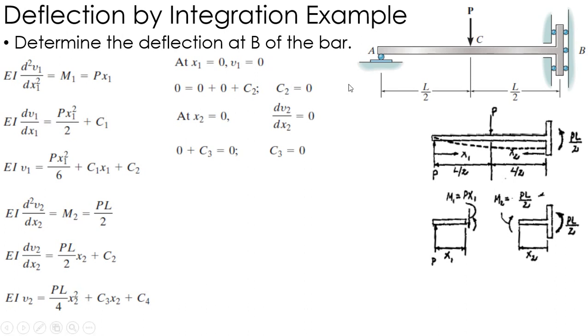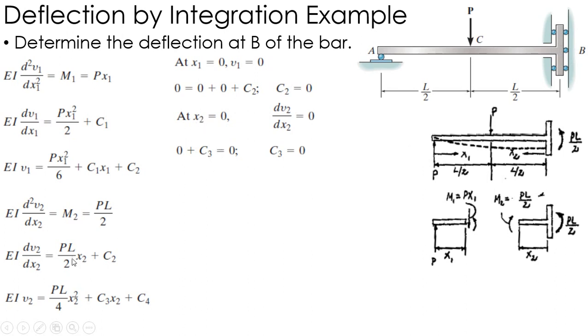The other thing that I know is over at B, the slope has to be 0, because it's not rigidly fixed, but it can't rotate here. So dv2/dx2, when x2 equals 0, has to equal 0, again because I'm going from B to the left.